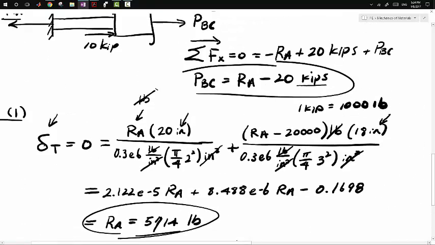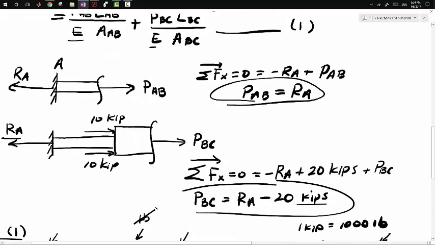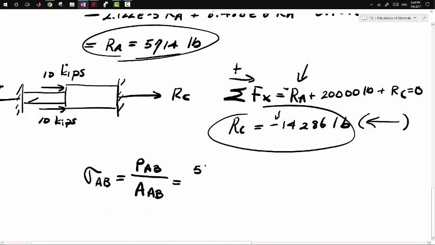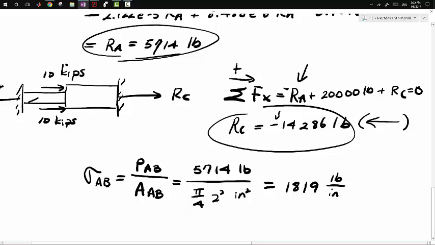PAB is equal to RA, which is 5,714 pounds, divided by pi over 4 times the diameter of AB squared, where the diameter is 2 inches. So this is inch squared units. So this should be about 1,819 pounds per inch squared, or PSI.